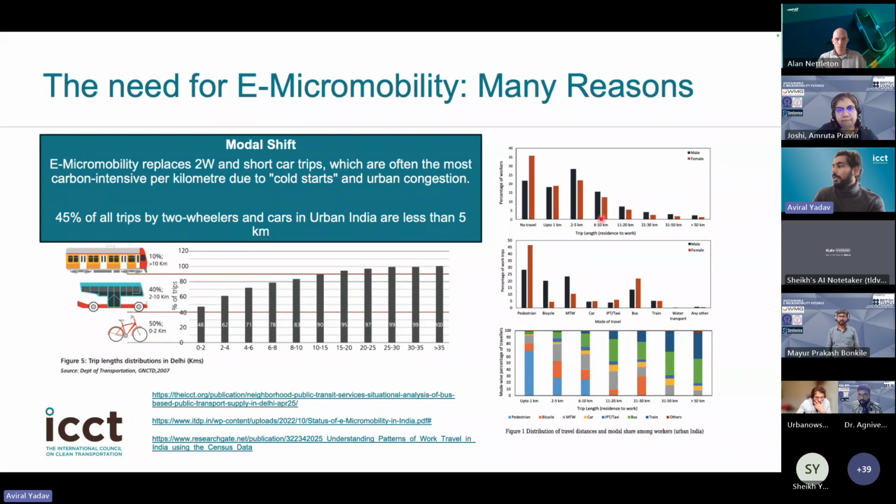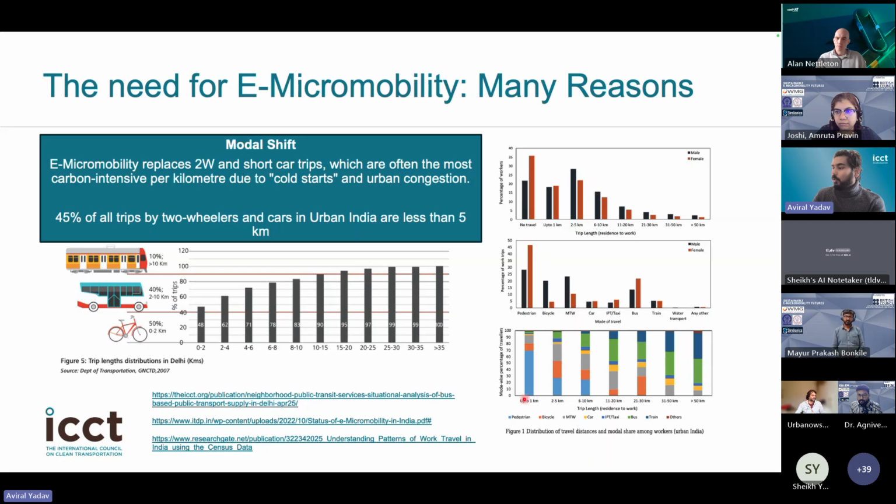And if we talk about the number of trips, we have pedestrians in a very large number, then bicycles, and then motorized two-wheelers or motorcycles. So this is again the chunk which can be shifted to electric micromobility.